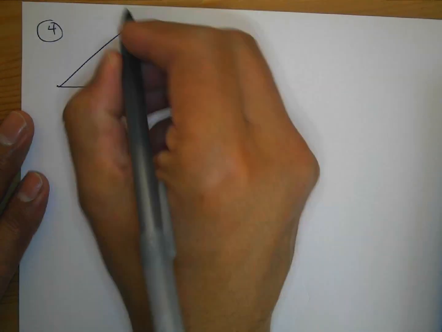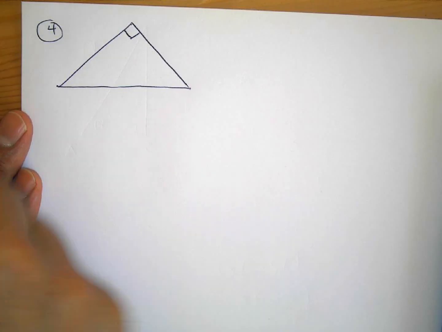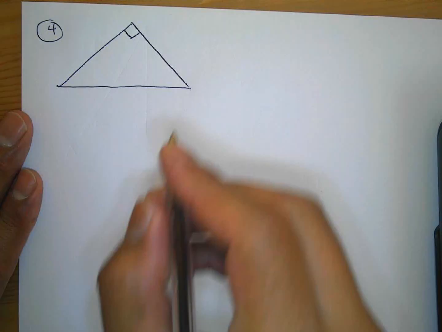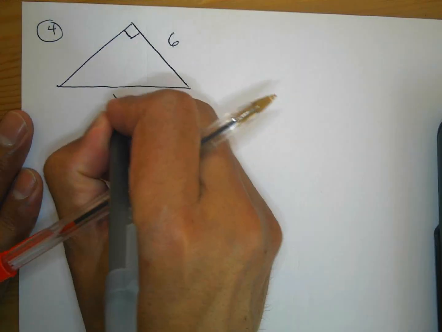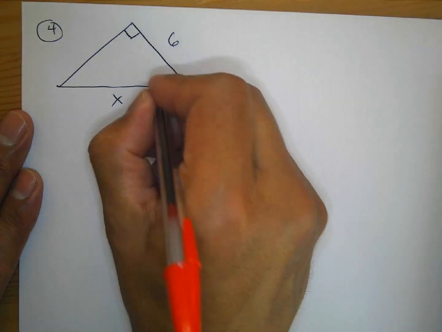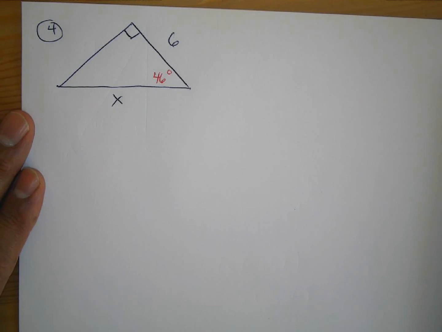Okay, what about something like this? There's my right angle. This is 6, this is x, this is 46 degrees. Okay, what do we do first?